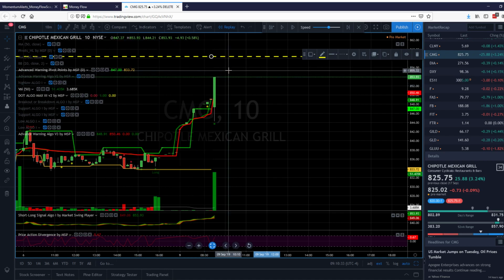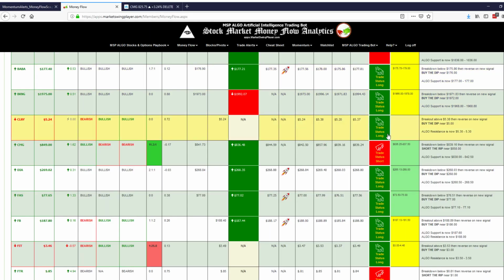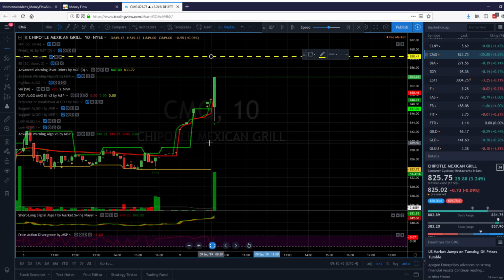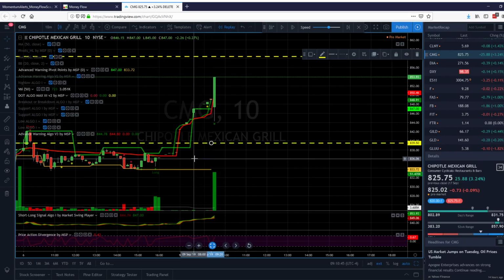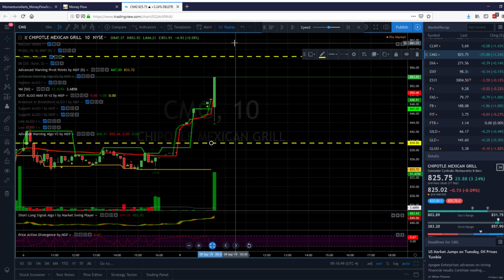It may stop here. And then we have our support near 840, I believe, rounded, which is correct. That's good. Okay, so let's see what happens.